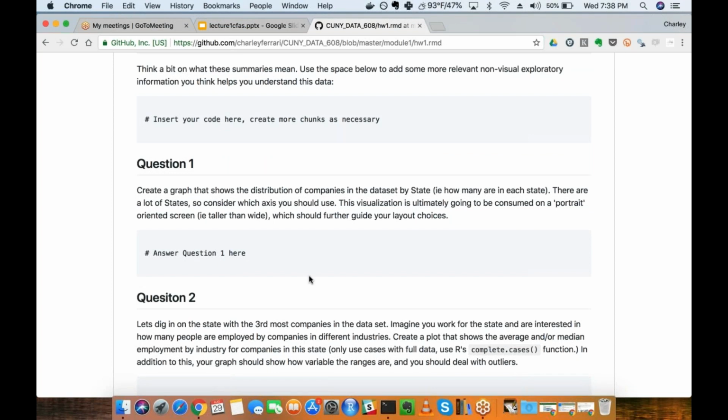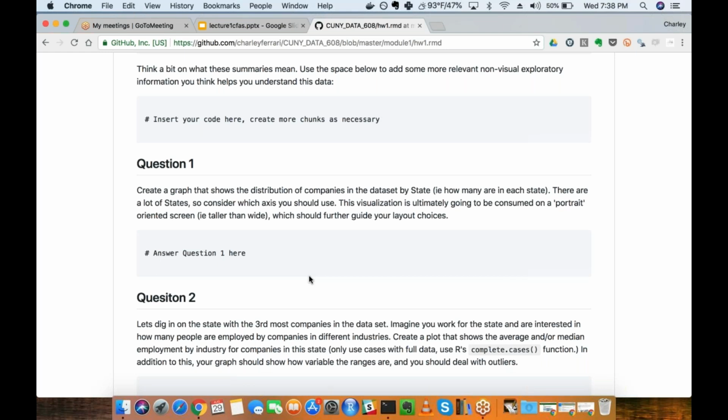We have different stats of these companies by state, and in these questions we're looking at the distribution of companies in this data set by state, just how many are in each state.